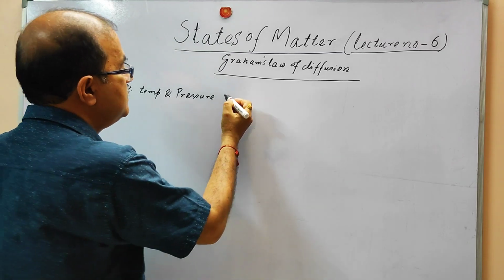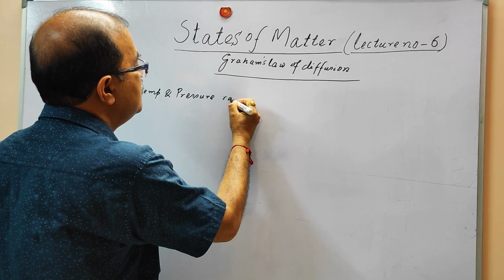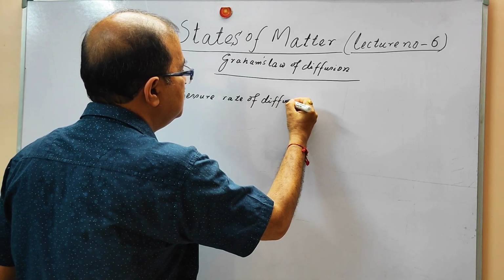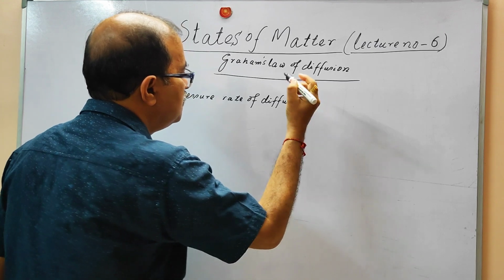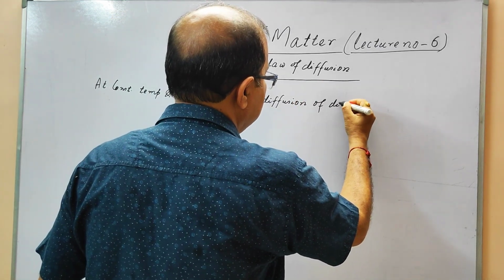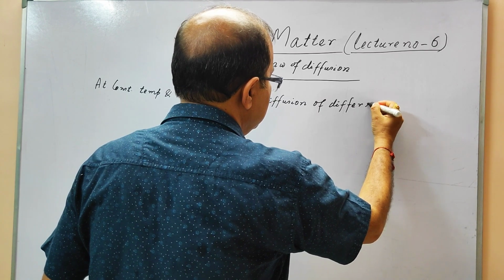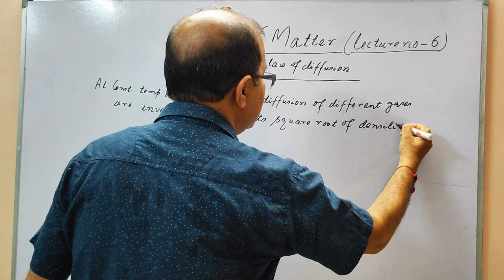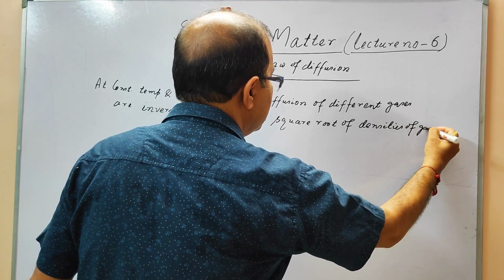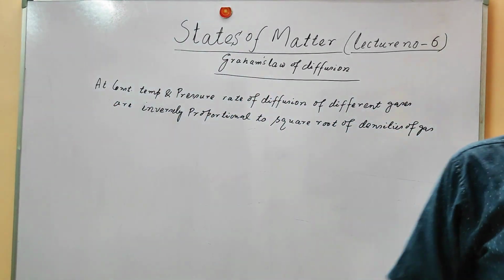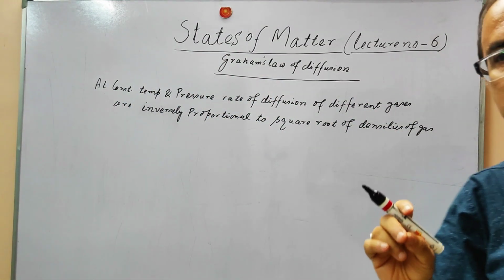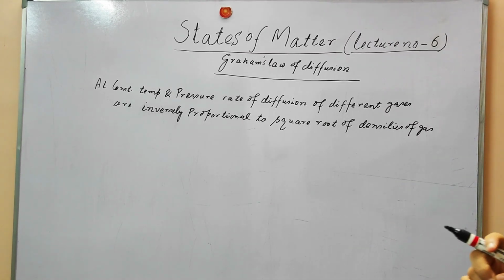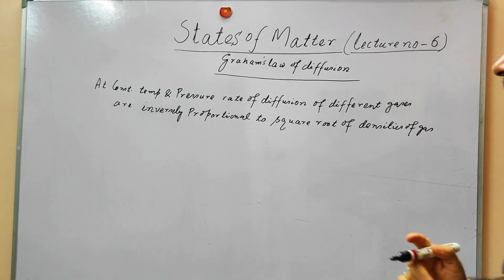Graham's law says the rate of diffusion of different gases depends on the different densities of the gases. So it says that at constant temperature and pressure, the rate of diffusion of different gases is inversely proportional to the square root of the density.